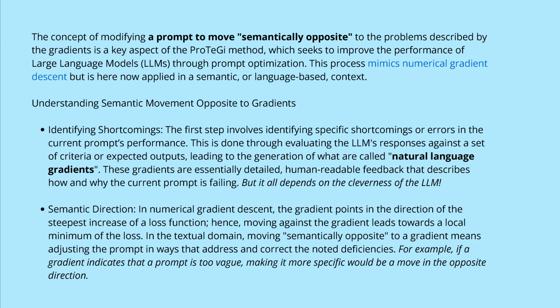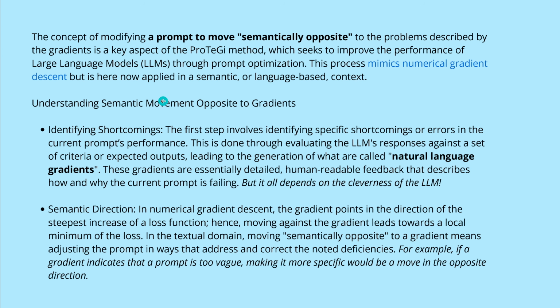But now we want to do this here in an automatic way with the natural language gradient optimization. And this process here mimics, this is the analogy, the numerical gradient descent, but is here applied in the semantic or language-based context.